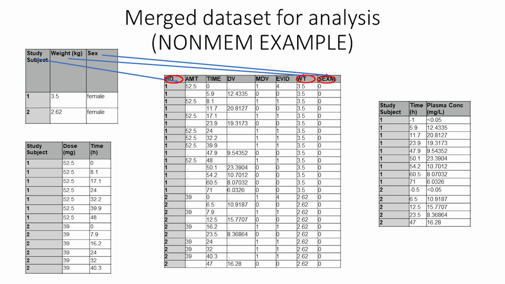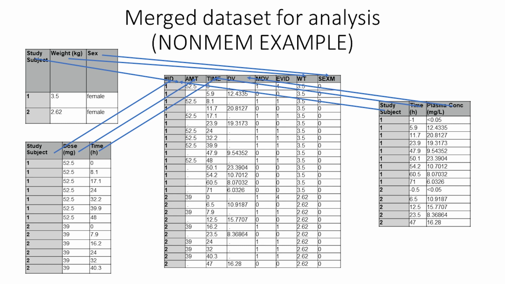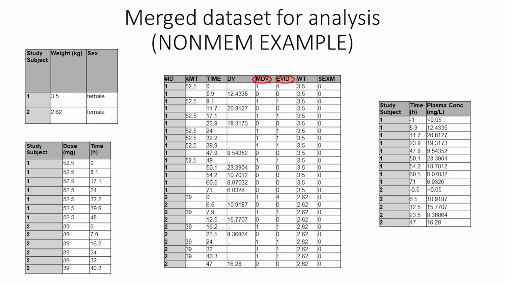So now that we've put together a general data set, there are a couple of other components here that were incorporated. These are the missing dependent variable and the event ID. And these are NONMEM specific indicators and sort of beyond the scope of the presentation today.